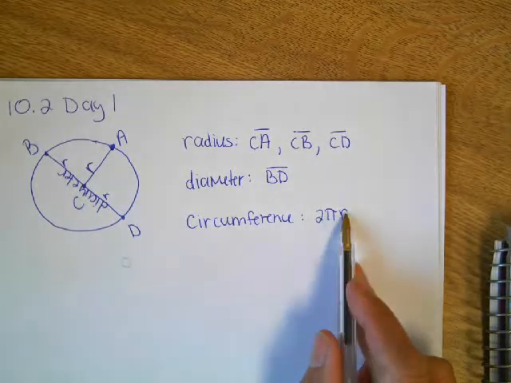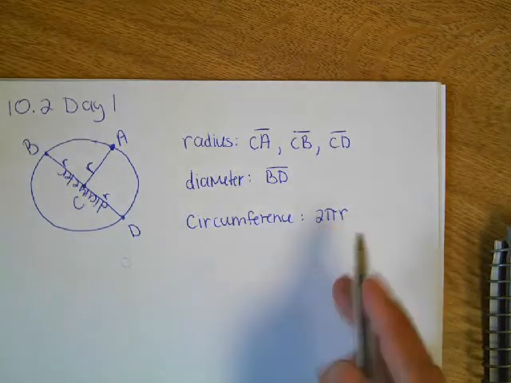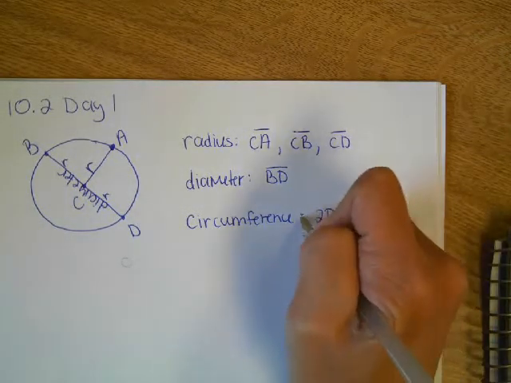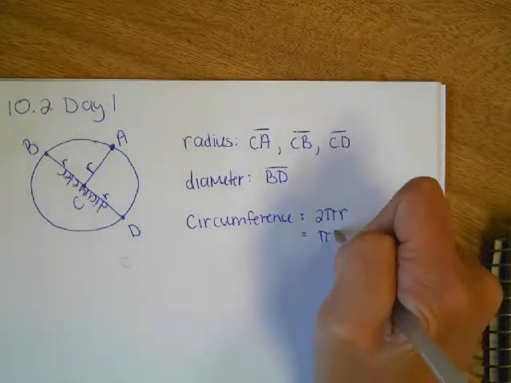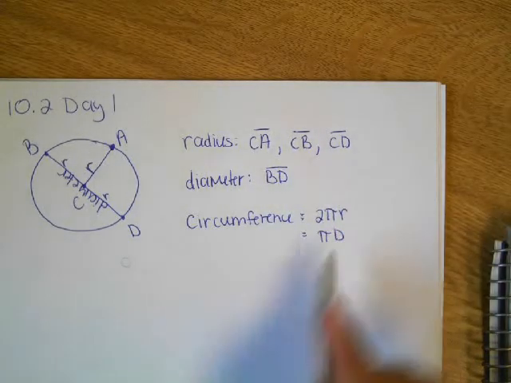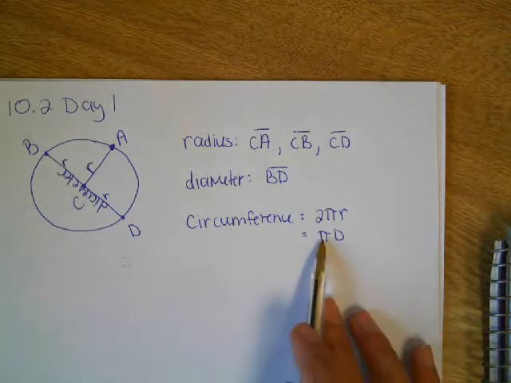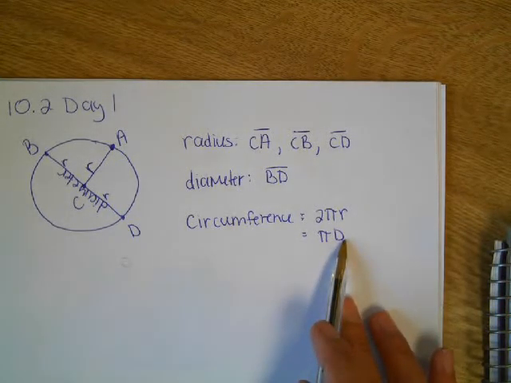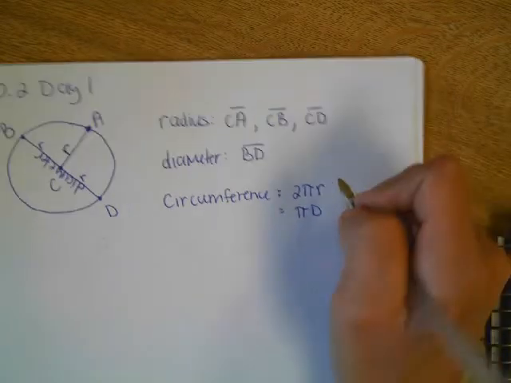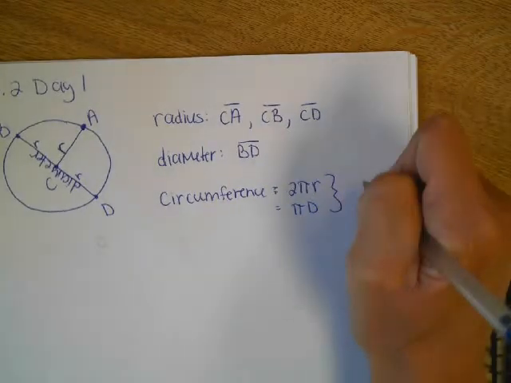Because 2 r's make a diameter, I like to call the circumference pi d. Pi times diameter. But you can go with either one. They're the same thing. So 2 pi r or pi d, I will 9 times out of 10 use pi d. So circumference, again, think of it as perimeter.